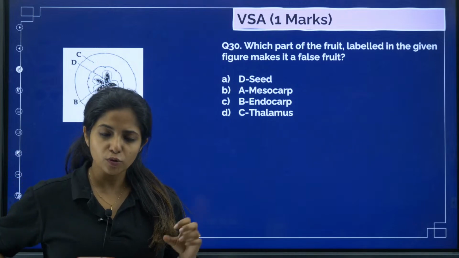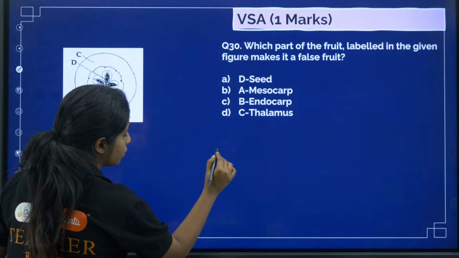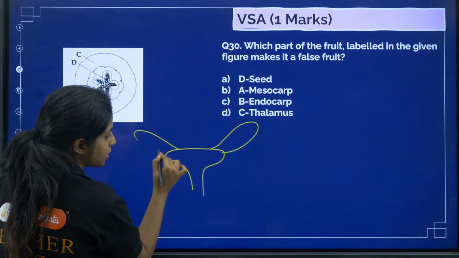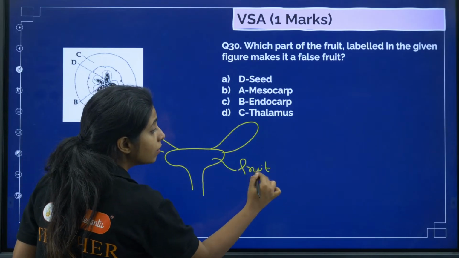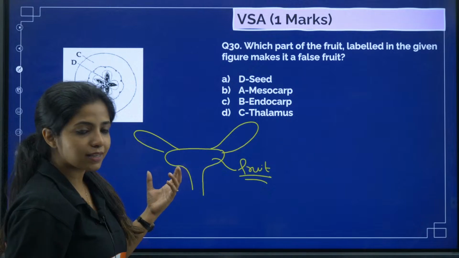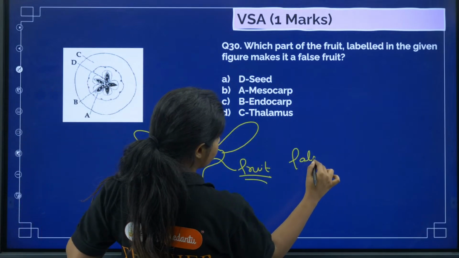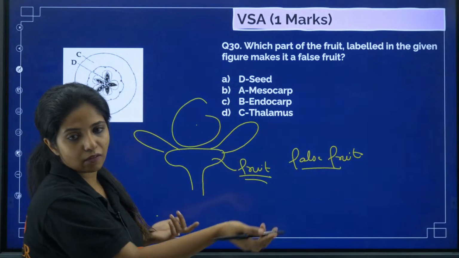False fruit is when usually the ovary is the one which makes the fruit, right? Now suppose the flower has a thalamus region like this, on which the petals and everything is there. Suppose this thalamus is the one that will be forming the fruit. Then you will be calling this a false fruit. This type of fruit which is formed is known as a false fruit, because usually the ovary is the one that will become the fruit.